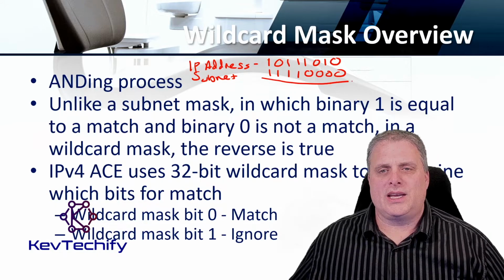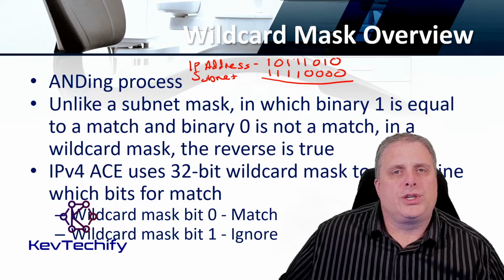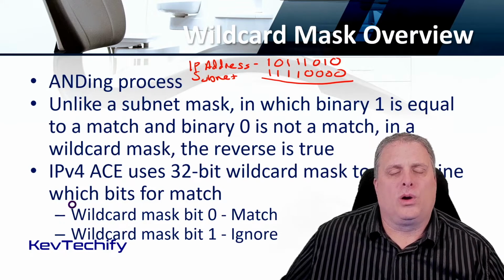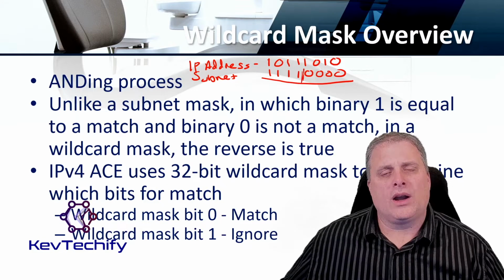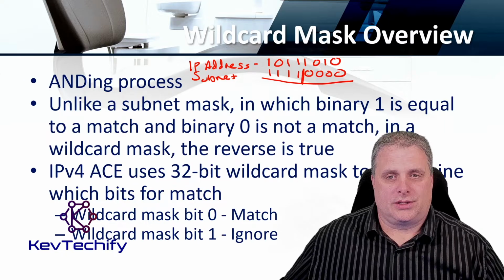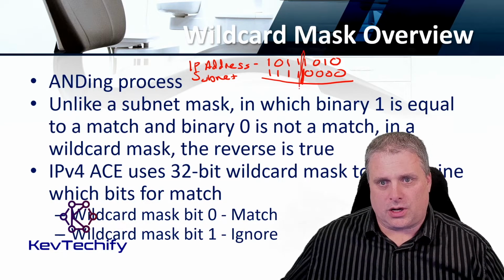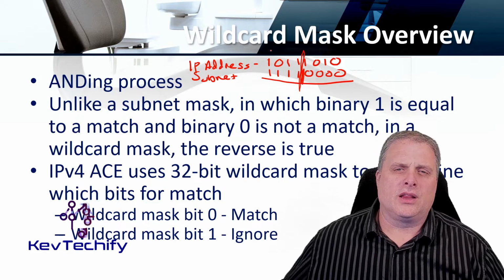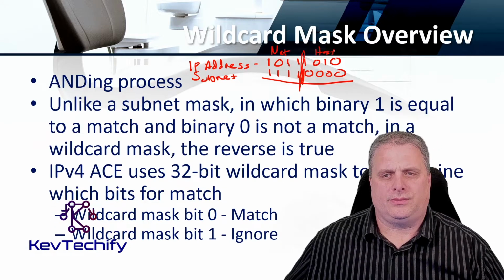What we did is the host portion and network portion was separated by the subnet mask, where we had the difference between the ones and the zeros. And that line draws all the way up here. So on the left part, this was the network portion, this was the host portion.